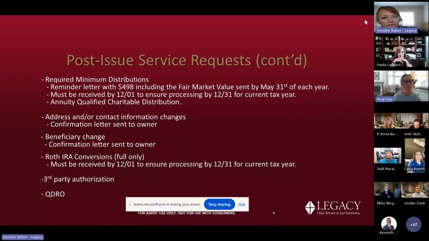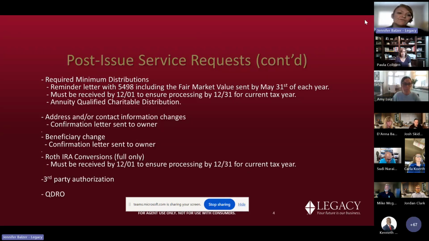Okay, so minimum required distributions: a reminder letter is sent out with the 5498, including the fair market value for the contract, no later than May 31st of every year. And that gets sent out on all qualified contracts for Ameritas.